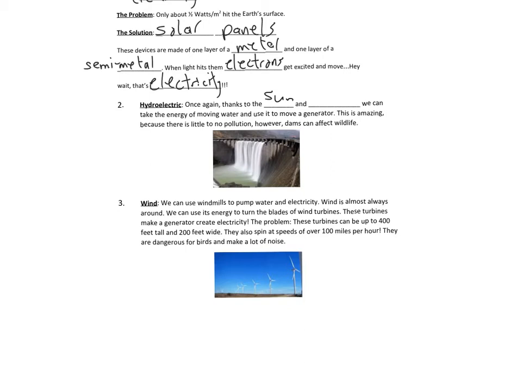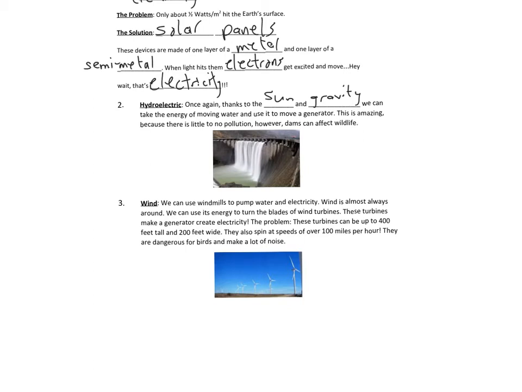So far, we have been talking about solar power, directly using the energy from the sun to get electricity. With hydroelectric power, we use the energy from the sun a little more indirectly. Thanks to the sun and the concept of gravity, we can take the energy of moving water. The idea here is the water cycle, and you saw the water cycle in our last unit.